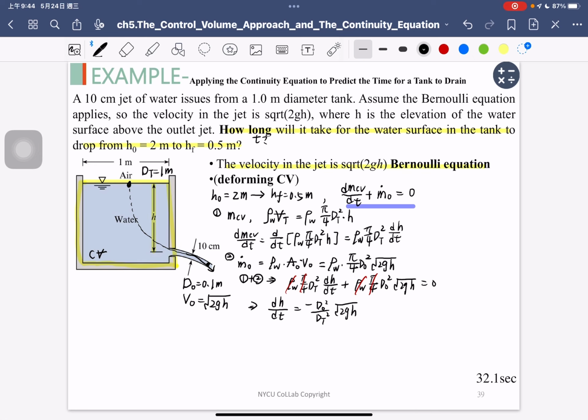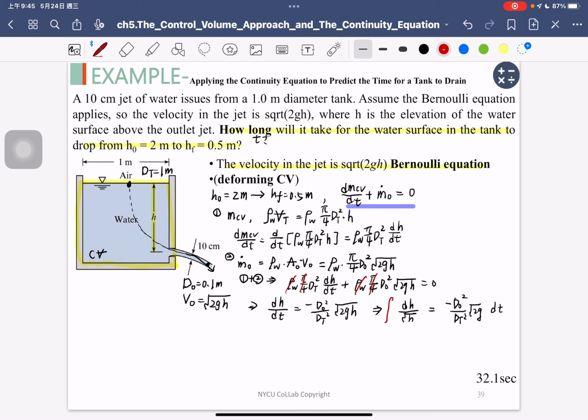I put all the parameters on the same side, so I can write dh over root h on the left hand side, and the right hand side has d0 squared over d_T squared and the root of 2g, with dt, and we do the integration on both sides.